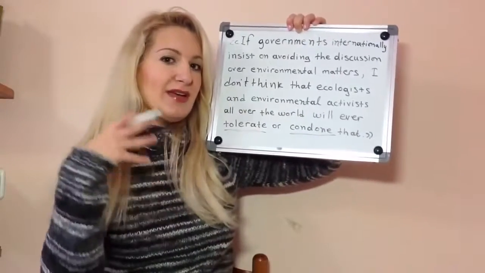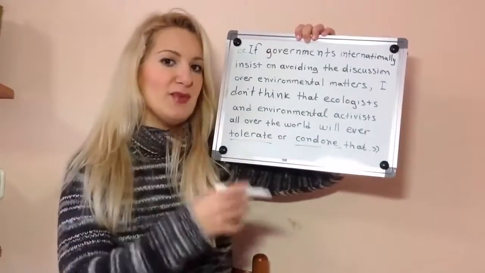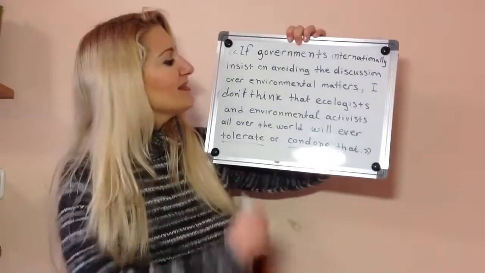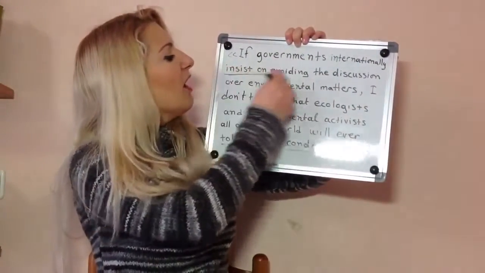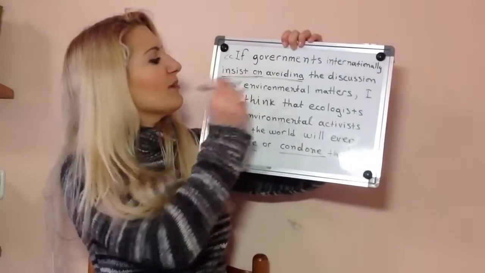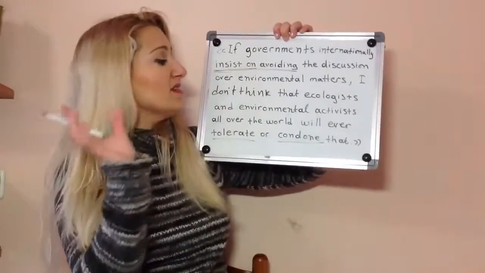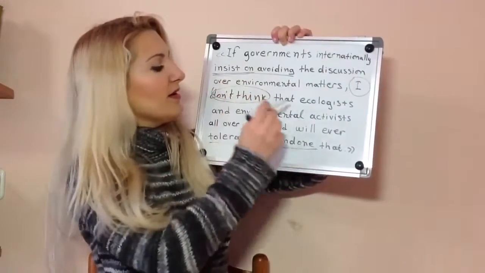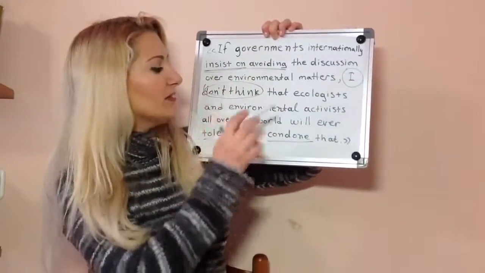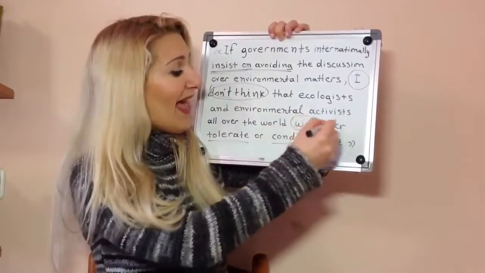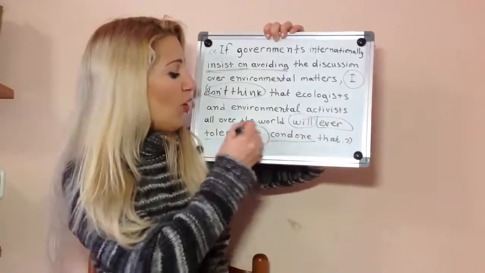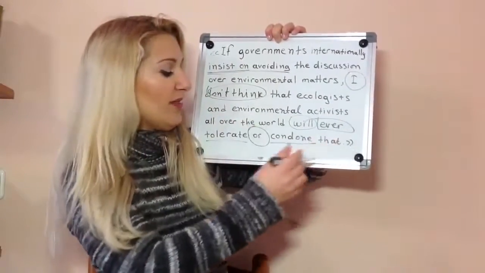Let us see if we can find out more or less their meaning with the help of the syntax. Now, if we see phrases like insist on avoiding, insist on something, if governments internationally insist on something, I don't think that ecologists all over the world will ever do something, we don't know what that means, or do something else, we don't know what that means.